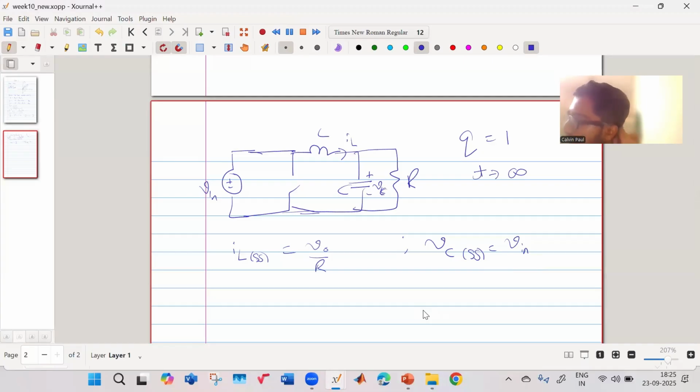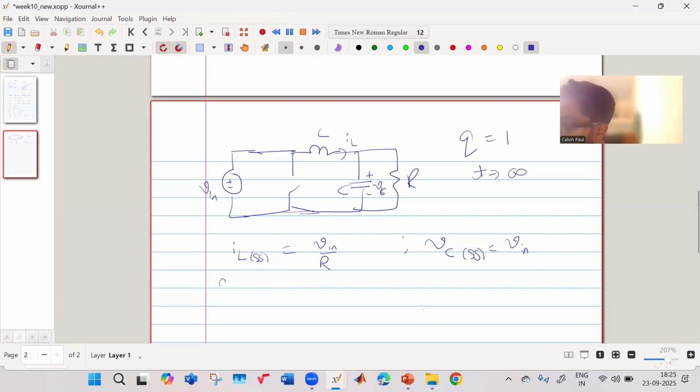And what will happen to the inductor current? Would it be 0? It will be Vn by R. Okay. It will be Vn by R, right? Now, these are your equilibrium points.